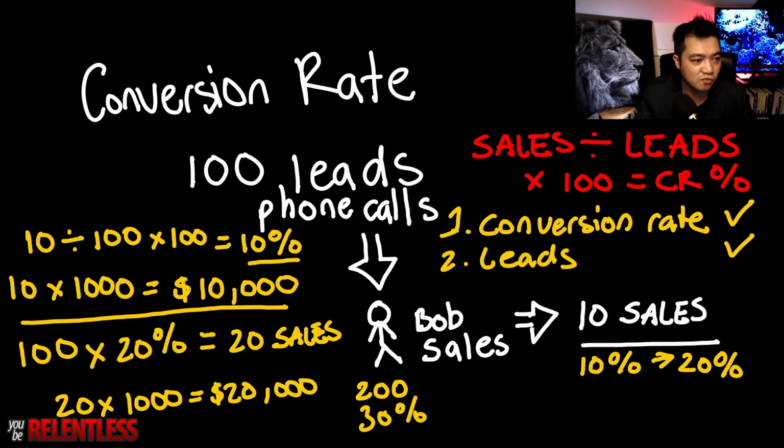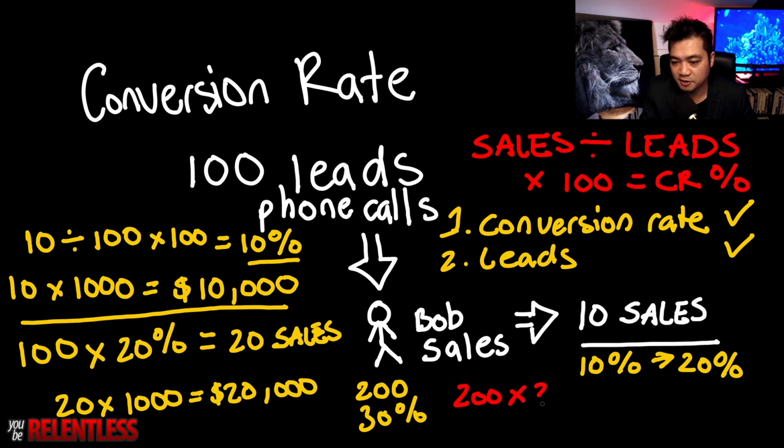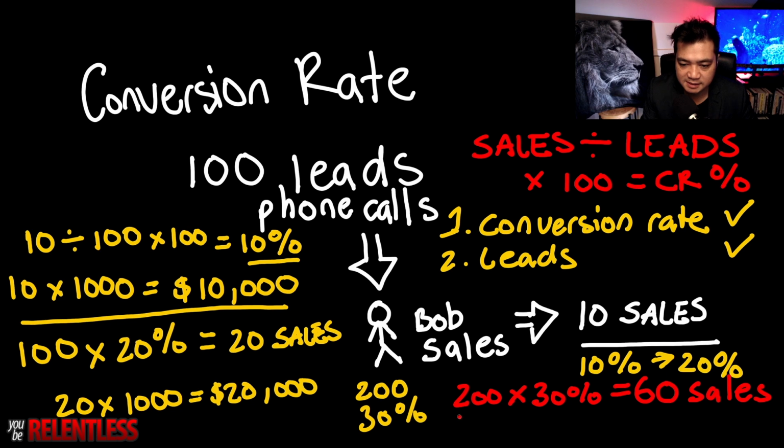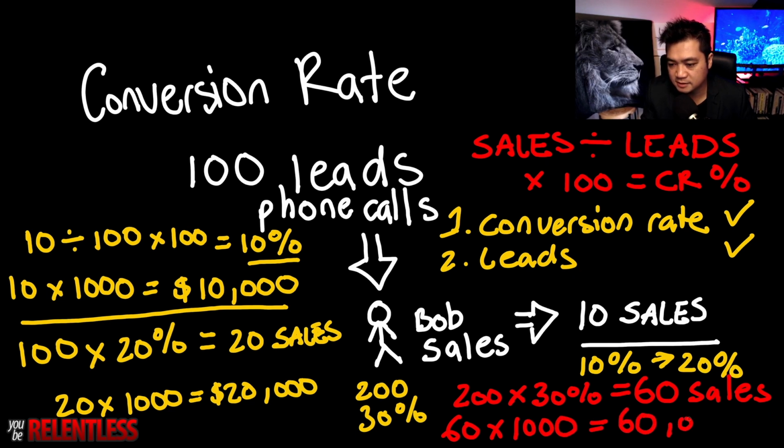So let's crack the numbers now. I'm going to make this red, so this is going to be interesting. So now we've got 200 leads. 200 leads multiplied by Bob's 30% conversion rate, because he's becoming a master at sales now, is equal to 60 sales. 60 sales times 1,000 is equal to $60,000.